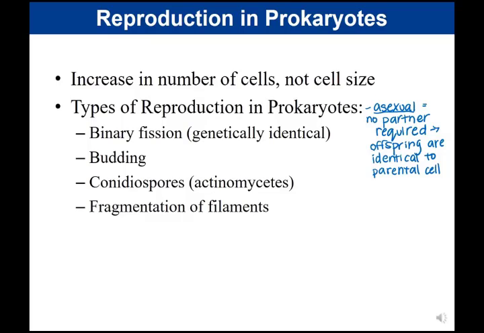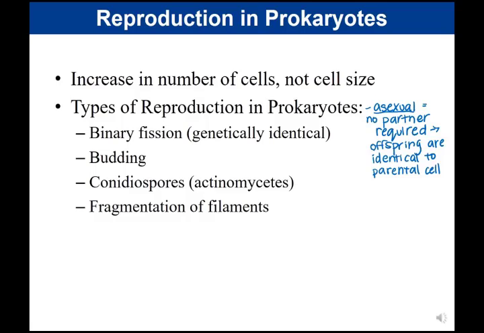And so originally when that cell divides into two, the new cell that's forming starts out smaller and then will gradually increase in size. Yeast also do budding. It's still an asexual reproduction, but it doesn't equally divide the cell into two equal sizes from the beginning. One cell starts out smaller and then will gradually increase in size.